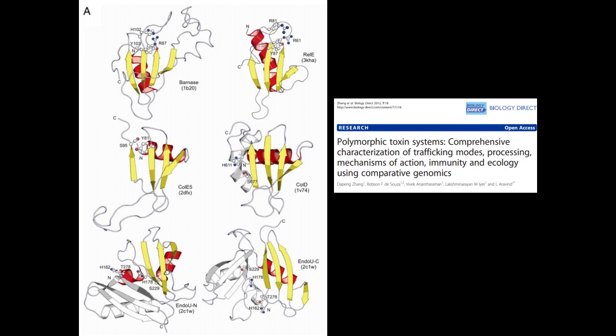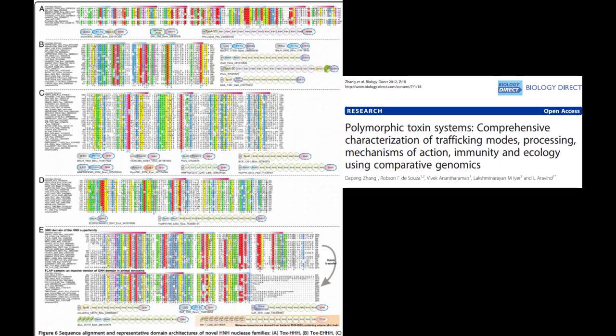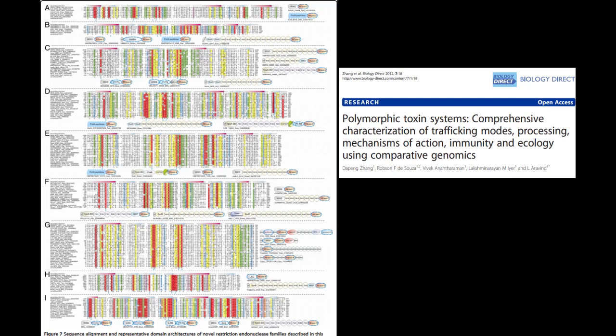They were also the primary endoRNases in the polymorphic toxin systems. And the same could be said of the restriction endoDNases, the REases. The restriction endoDNases were the primary effectors in the RM systems and the CRISPR-Cas systems to a degree, some of them at least. And here again, in the polymorphic toxin systems, one of the major effectors were these endoDNases or the REase superfamily.